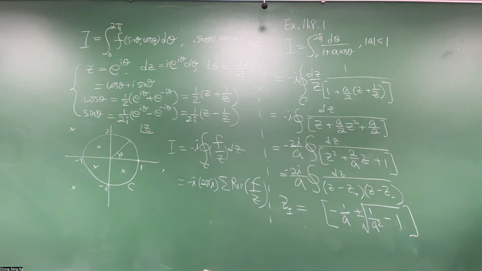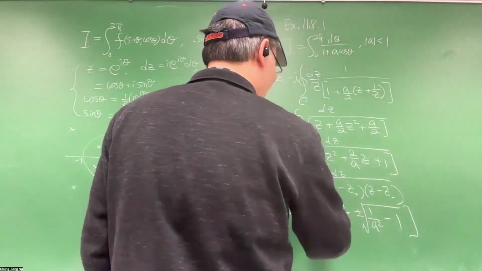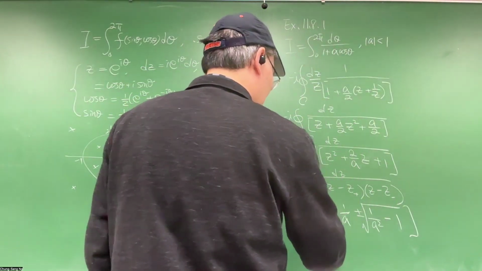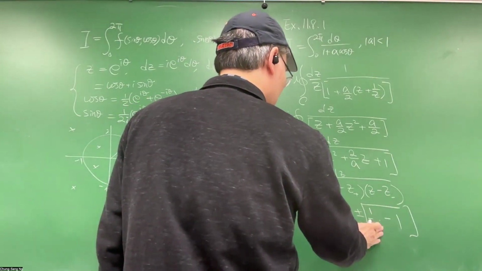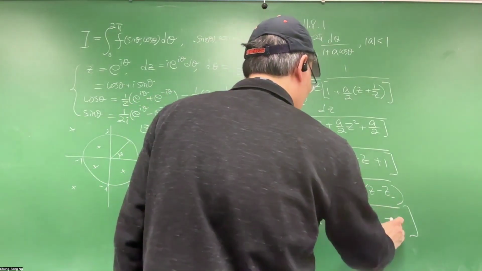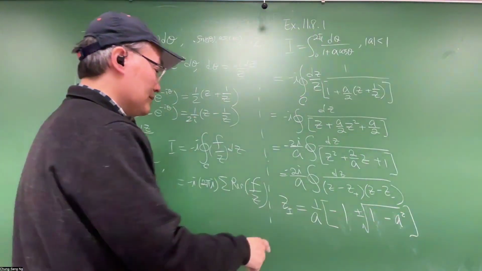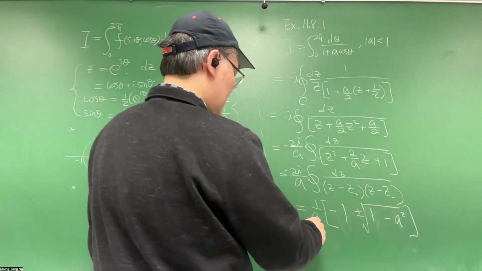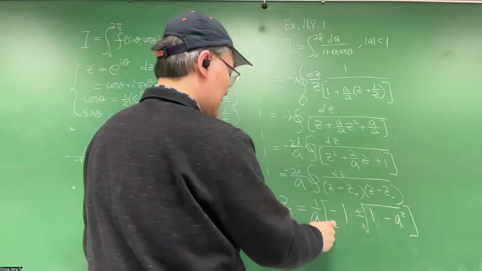If the text would write it like you factor 1 over a out, that would be a better way. Factor 1 over a out, this becomes 1 minus a squared. A squared is less than 1, so that's fine. So the factor is greater than 1, right?